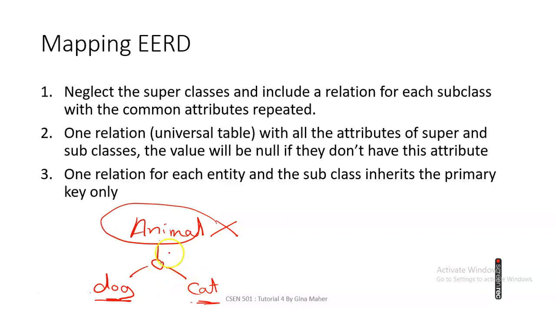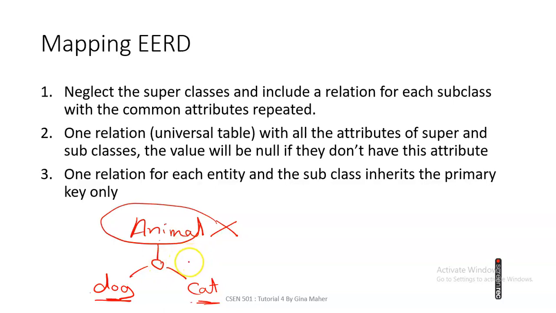What if we have an animal that is not either a dog or a cat? In this case, we cannot keep track of such an animal because we neglected the superclass. So this is one of the disadvantages of using this method. However, this method can be used in other scenarios.